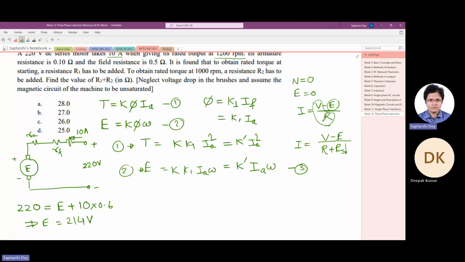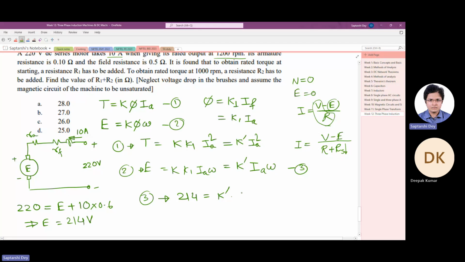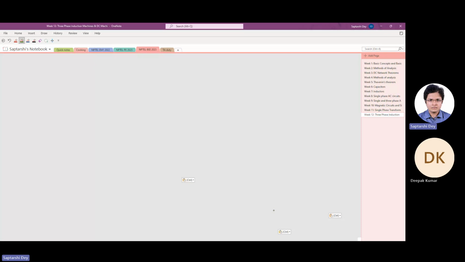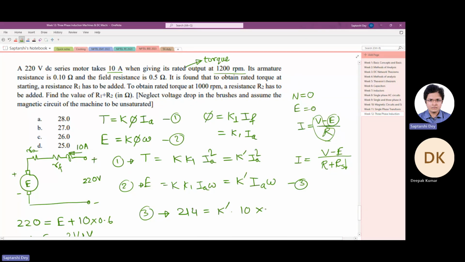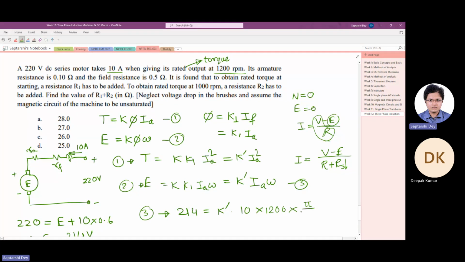All right. Now, if it is 214 volt, from equation 3, we can write 214 equals K prime times Ia times omega. So Ia is 10 and omega we will write in SI because we have mixed up many things here. Let us not take any risk. So 10 times 1200 RPM, converted to radian per second, is 2 pi by 60, so pi by 30.